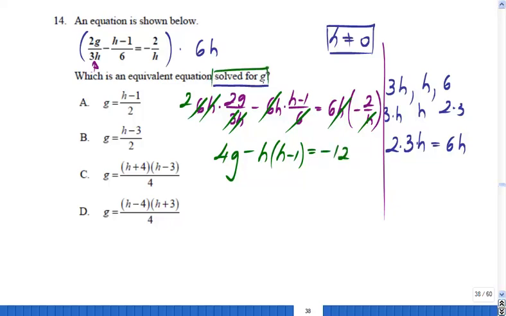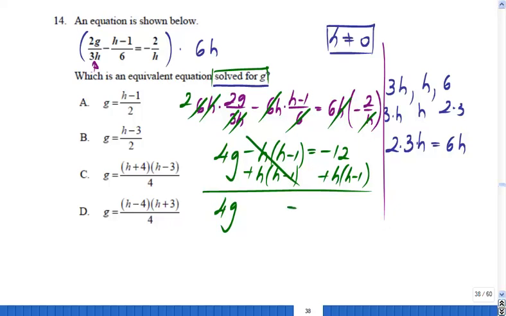I have to solve for g. Everything that is not g should move away, okay? Which means I'm adding h times h minus 1 on both sides. For g, this is 0, equals h times h minus 1 minus 12.